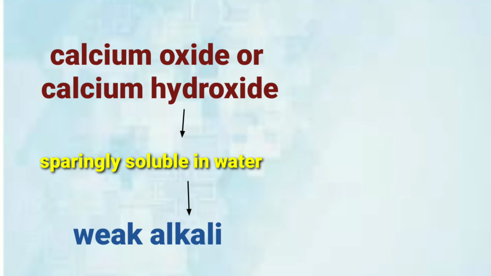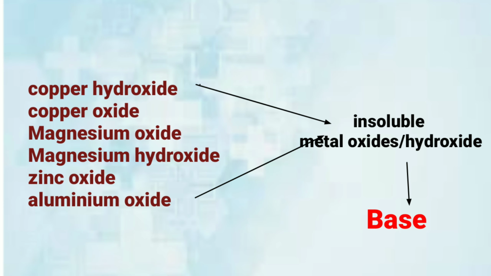Got it? And since it is soluble in water, not completely but sparingly soluble, it is also called alkali. But copper oxide, magnesium oxide, zinc oxide, aluminum oxide, copper hydroxide, magnesium hydroxide, these metal oxides or metal hydroxides are base, but since they are insoluble in water, they are not alkali.